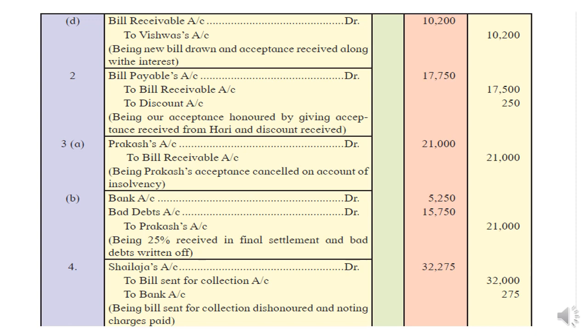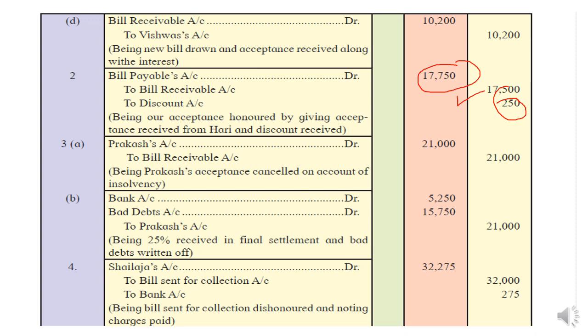So bills payable account debit 17,500, and he is giving the bill of 17,500. It means 250 is a discount to Mayur, because he is giving his bills receivable for making the payment of his bills payable to someone, and he is settling the account. The difference amount is a benefit for Mayur, so it is recorded on the credit side.